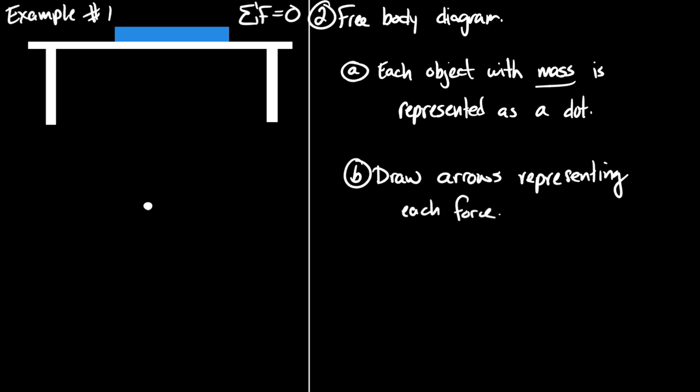So I will draw a single dot representing the book. We're next going to draw arrows that represent each of the forces acting on the object. These arrows should be drawn starting at the dot and drawn away.